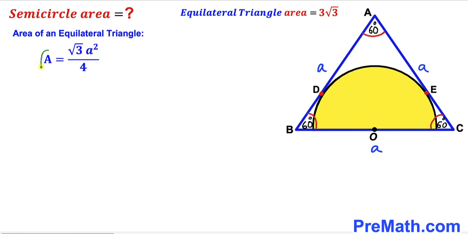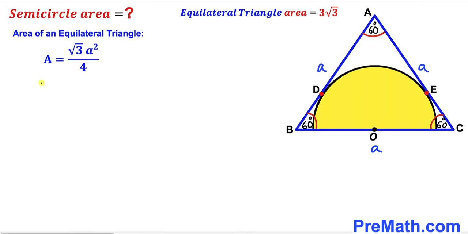Area of this equilateral triangle is always equal to square root of 3 times a square divided by 4, where this lowercase a is the side length of this triangle. And now we know that the area of this equilateral triangle has been given to us as 3 times square root of 3. I am going to substitute that value over here.